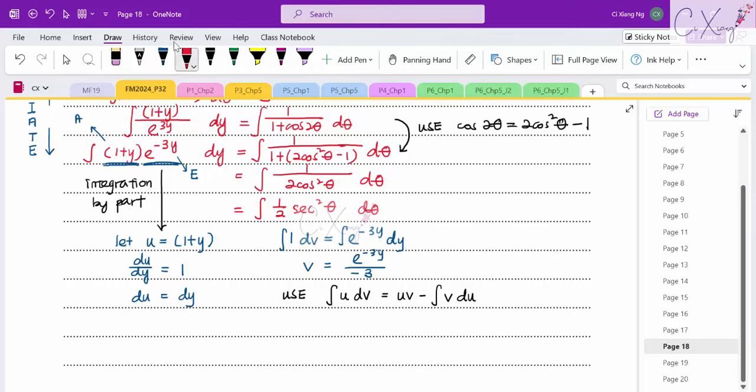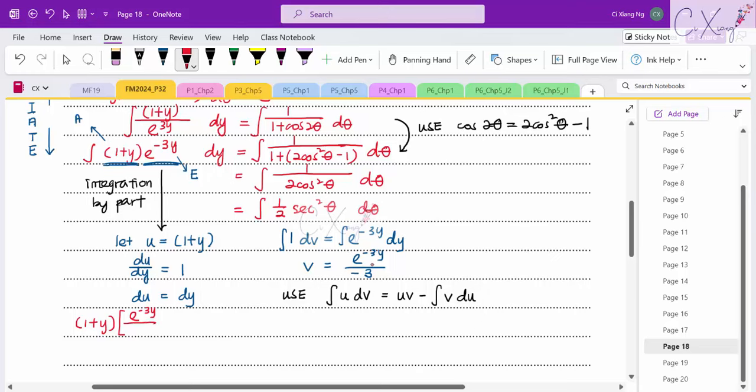So what is my uv? U is 1 plus y, so I put 1 plus y here. V is e power negative 3y divided by negative 3, minus integral of v du. And du here is actually dy.